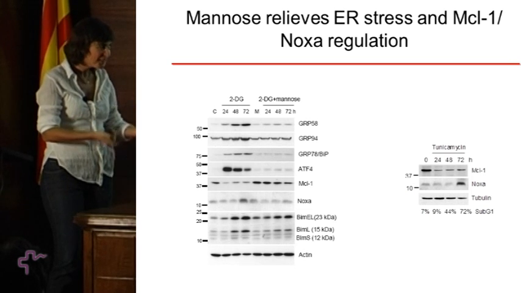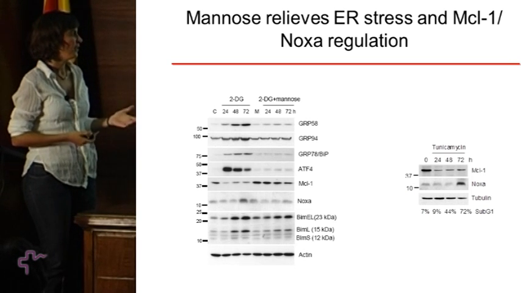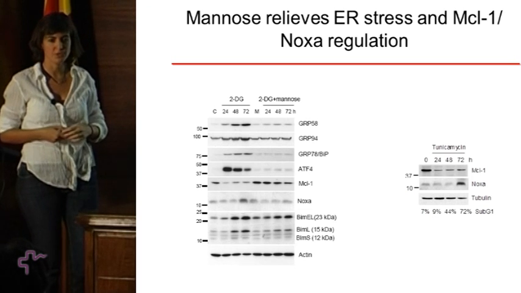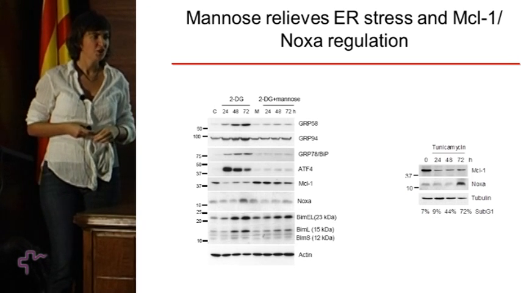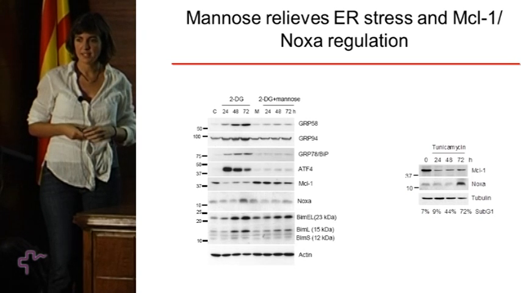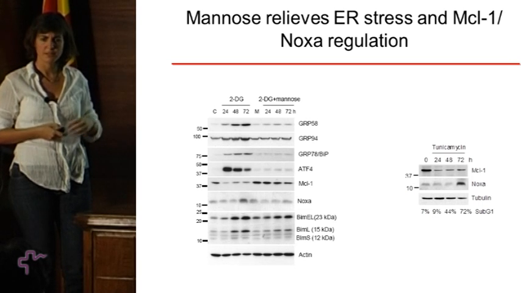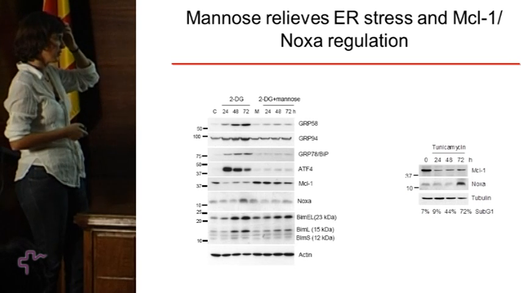But to prove it even further, we turned to study one of the ER stress pathways that had been shown to be induced by lack of glucose. And this is the PERK pathway. I don't know if you're familiar with ER stress; I don't have an introduction slide.